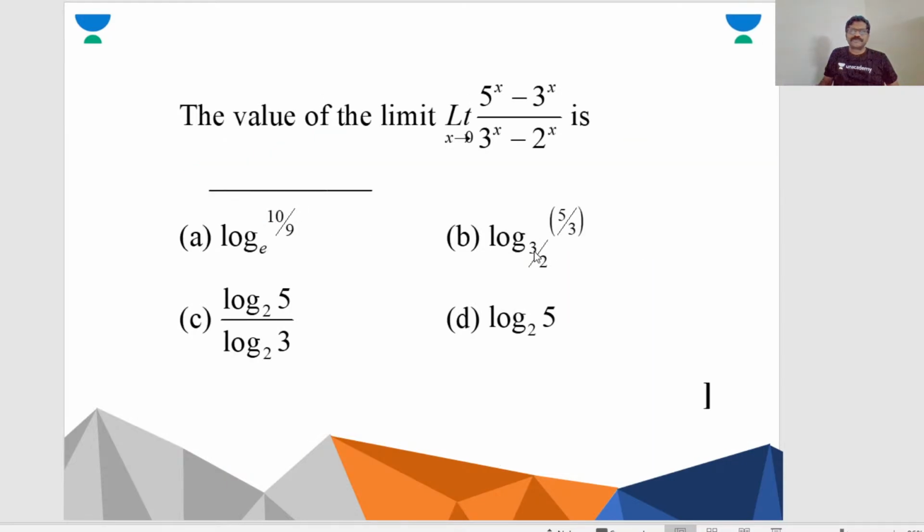Next column. The value of the limit x tends to 0, 5 power x minus 3 power x by 3 power x minus 2 power x.